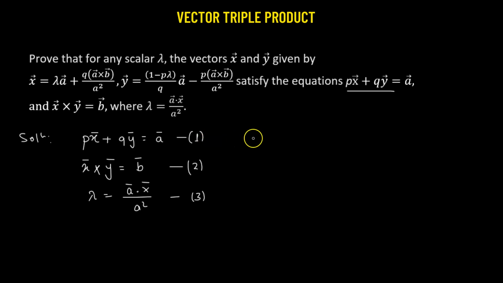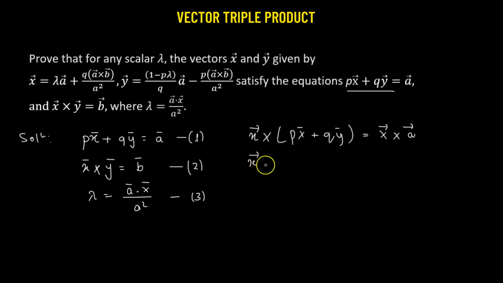We will take the cross product with x on both sides. So let's say x crossed with px plus qy, and on the other side we have x vector cross a vector. Let's expand this.